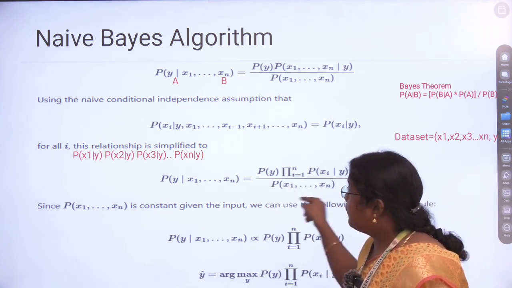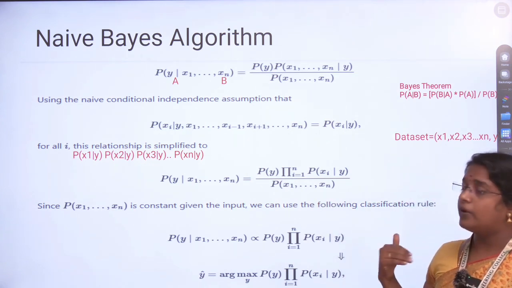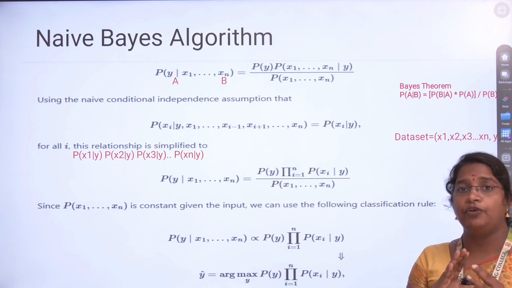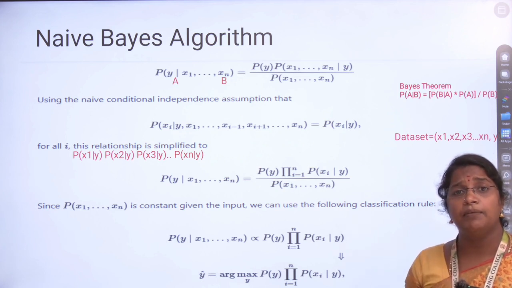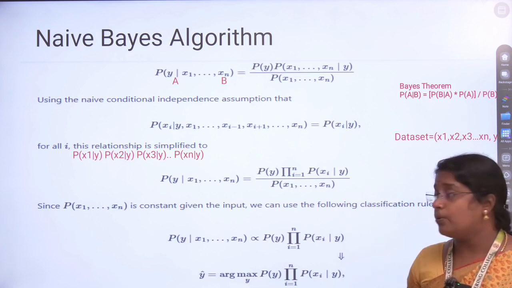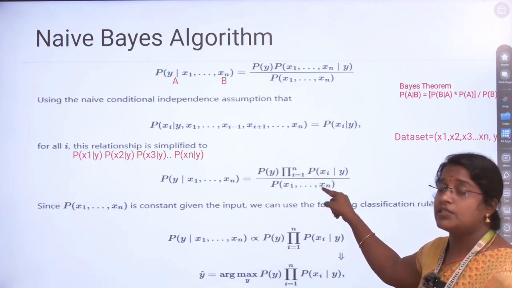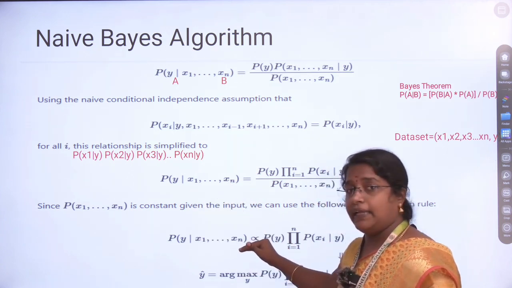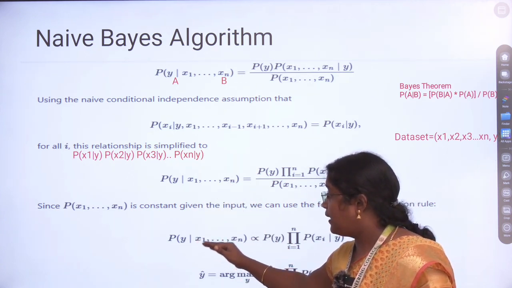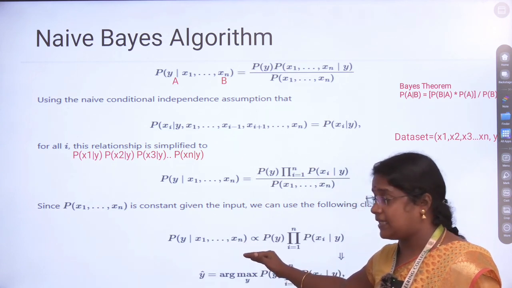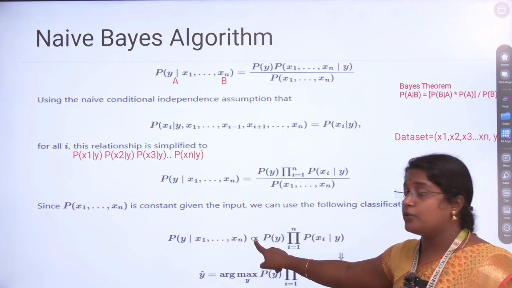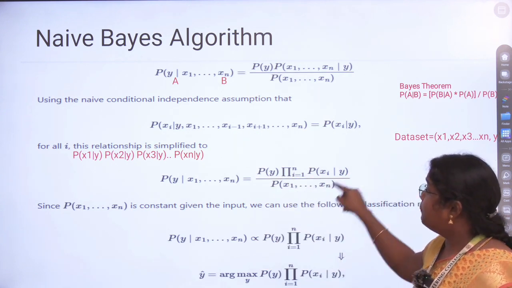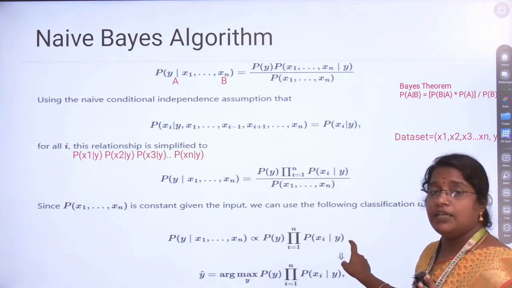Since the denominator part is constant for the given input, because if you take a data set, it has n number of features, for all the rows this value is constant. So I can say the probability of y given x1, x2 and so on xn is directly proportional to P of y and this calculation part.